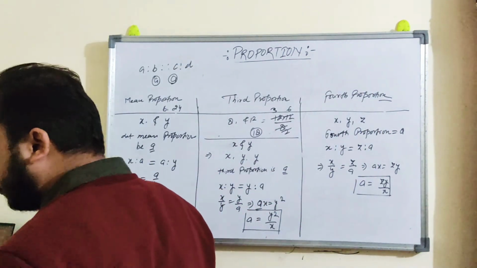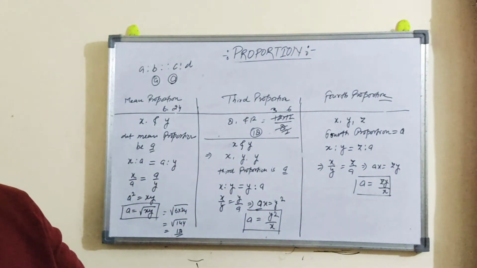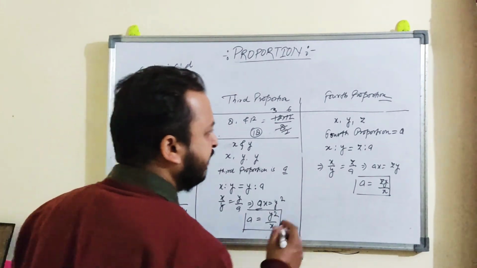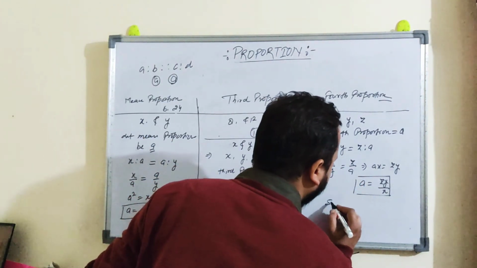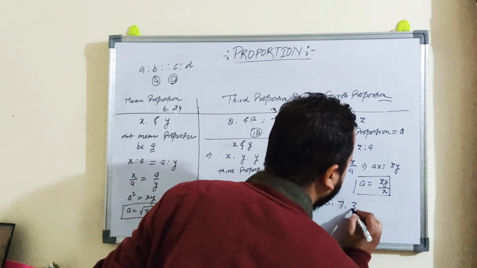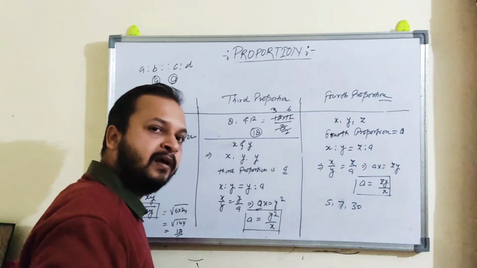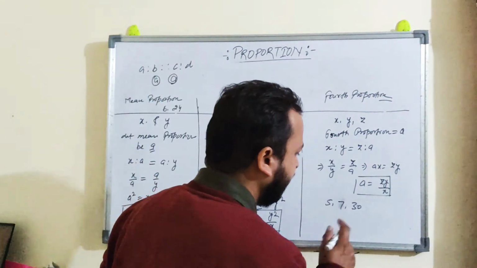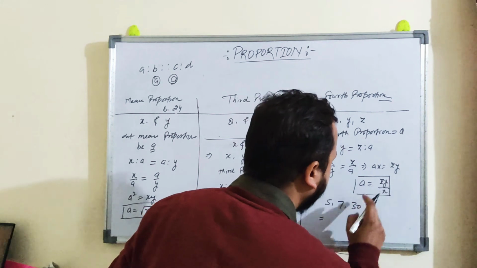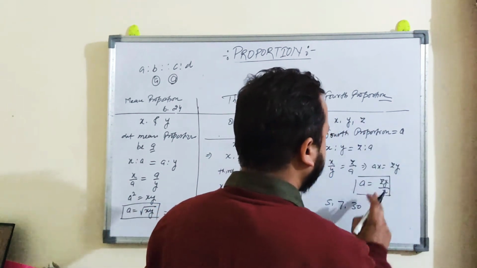So this is the formula. If we take a question on fourth proportion with 5, 7 and 30, you have to find the fourth proportion. So what you have to do is, the fourth proportion is x, put the values in the formula x, y, z.